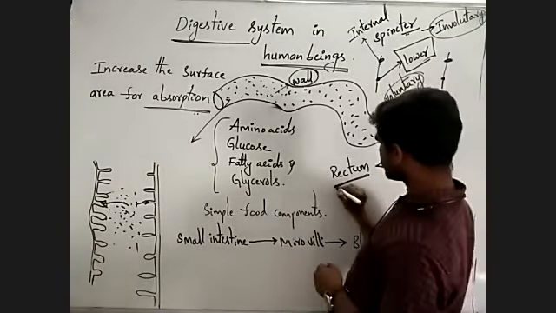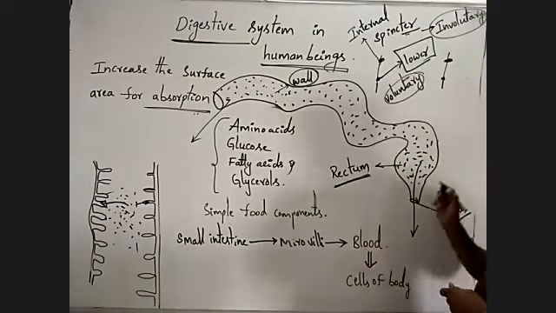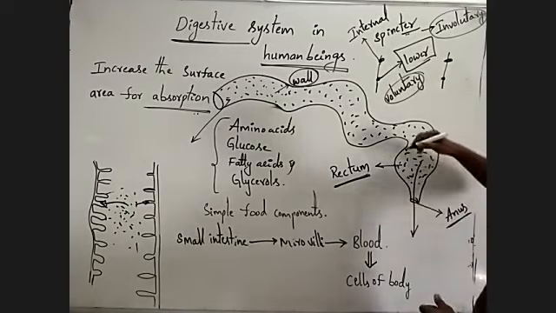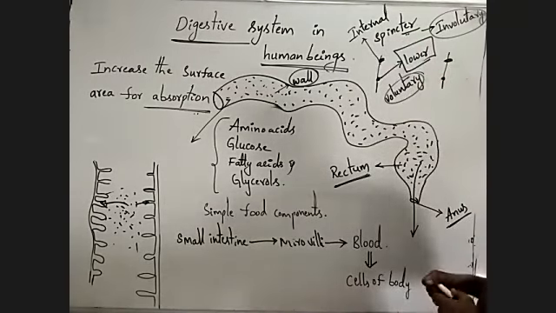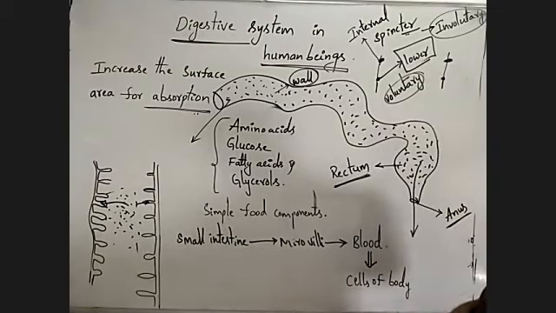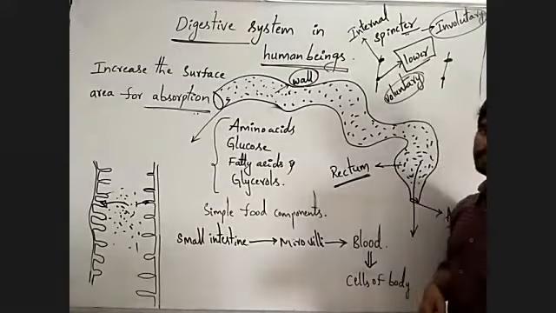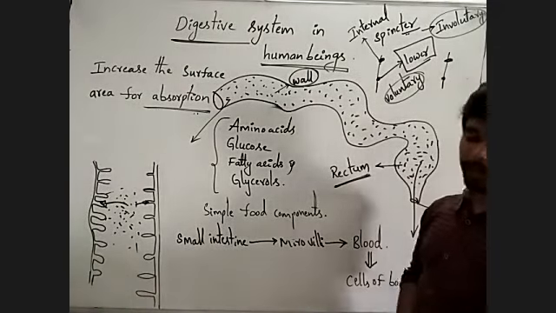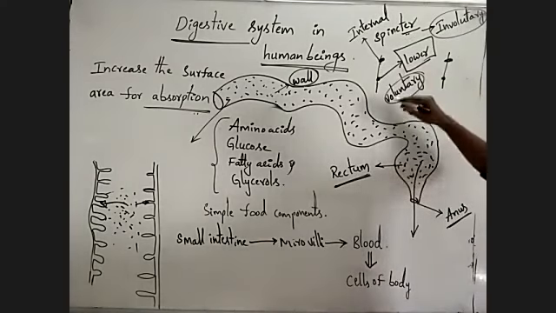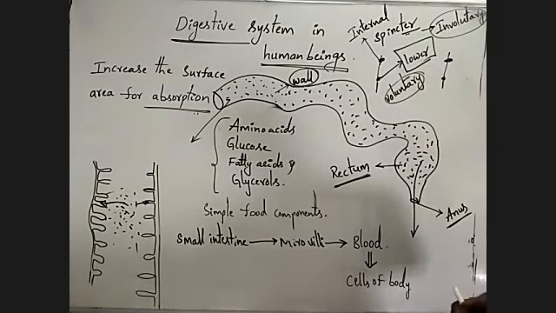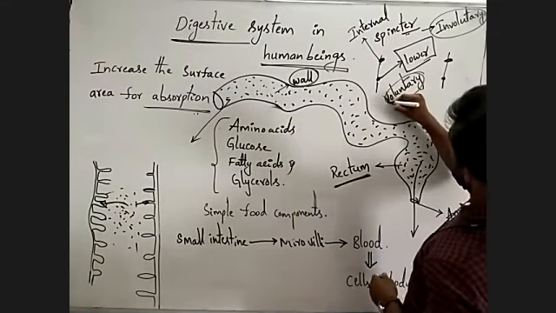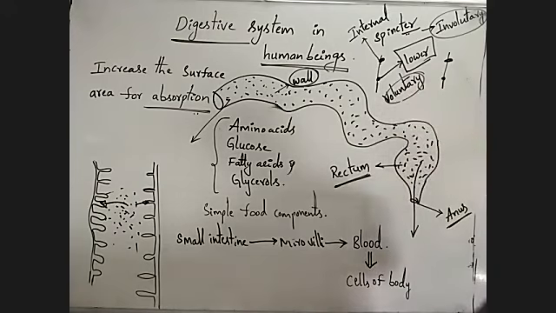Whenever the rectum becomes full, whenever pressure is increased in the rectum, the internal sphincter is opened automatically, but the external sphincter does not open involuntarily. The lower sphincter is voluntary.